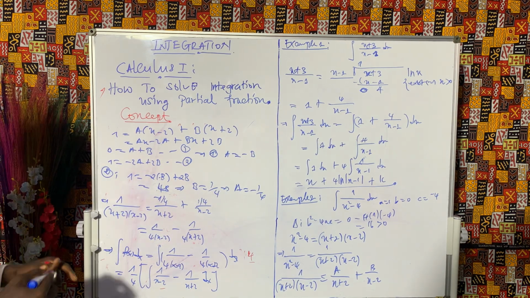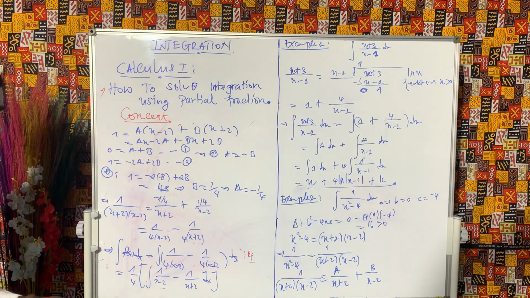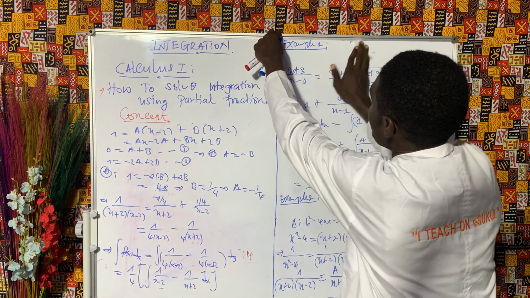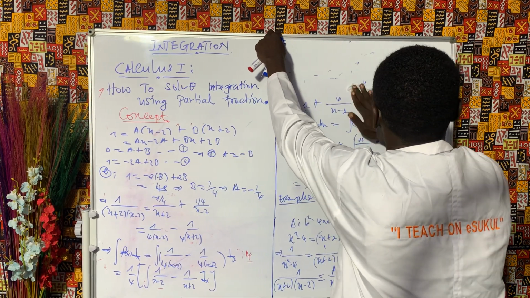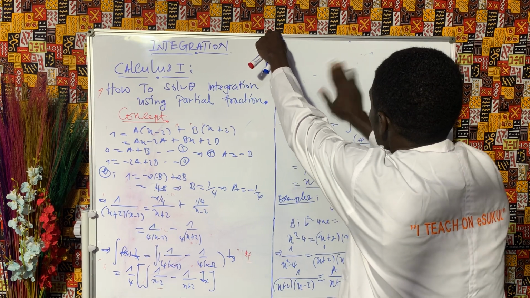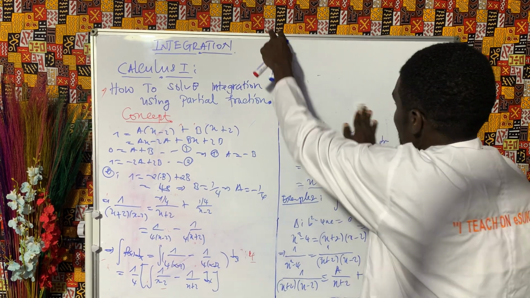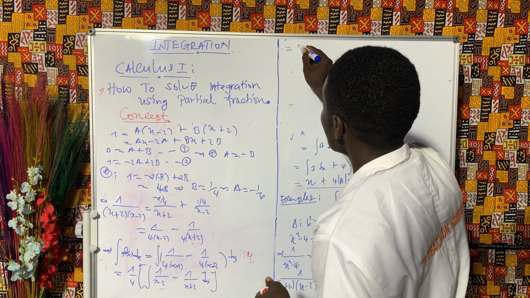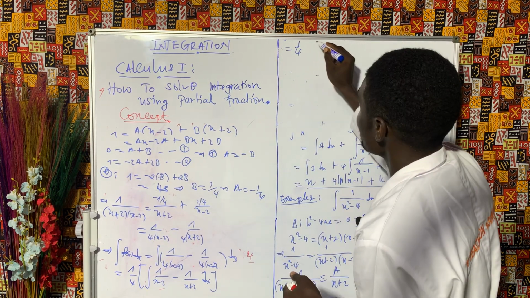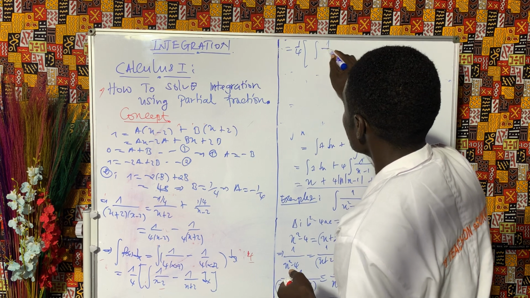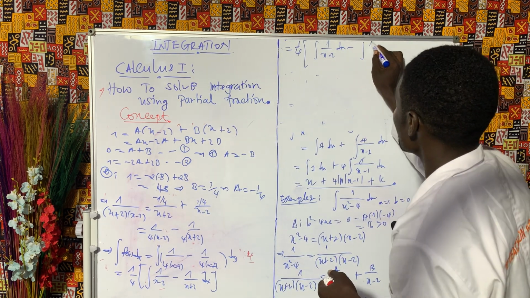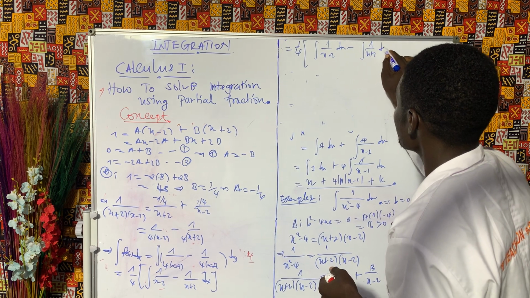Since the integral is distributive over the subtraction, we can share the integral equally. So we can share it as 1/4 integral of 1 on x minus 2 dx minus the integral of 1 over x plus 2 dx, as you can see.